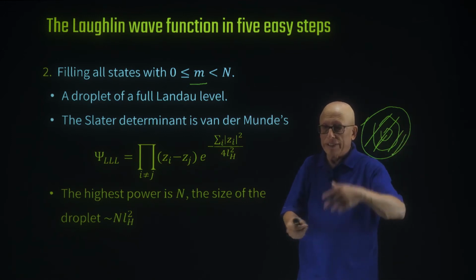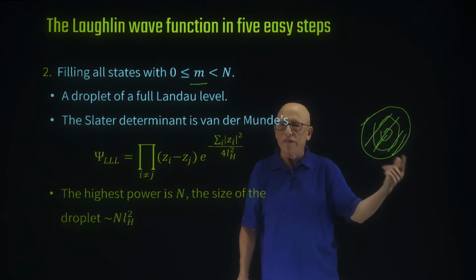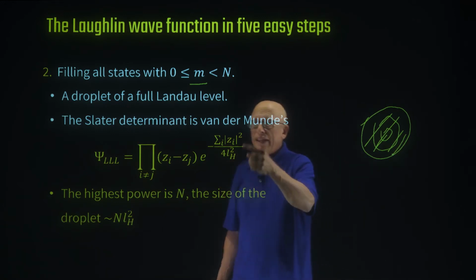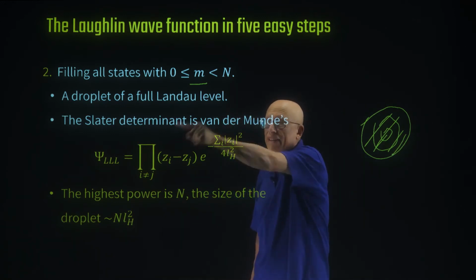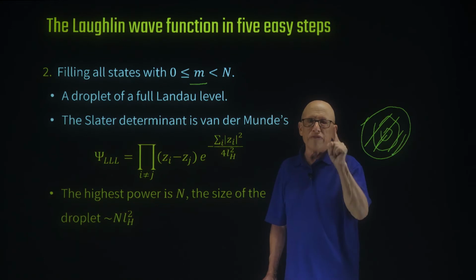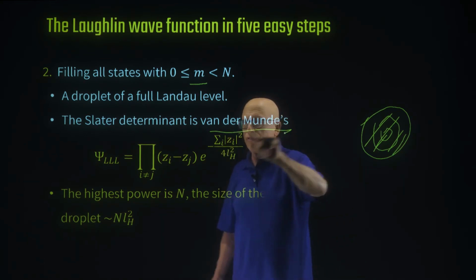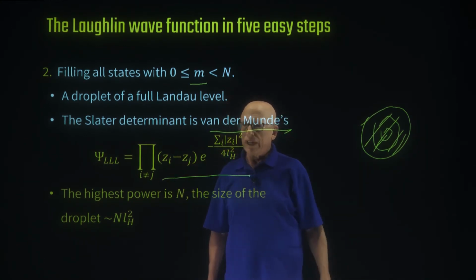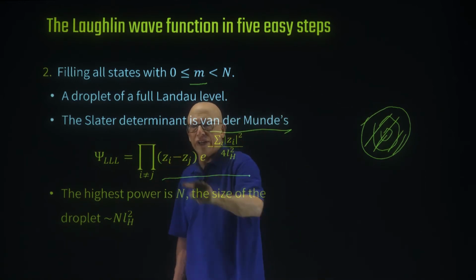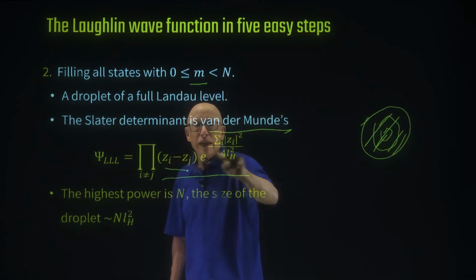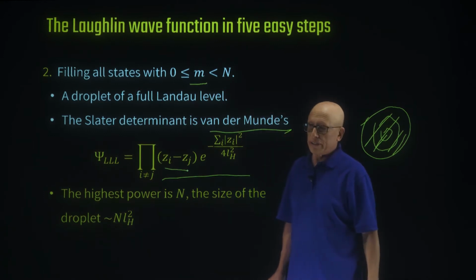Those are fermions, and that's how we anti-symmetrize the wave function. And what we get in this particular case is that the Slater determinant is nothing but the Vandermonde determinant, which we know from math will have this form. It will be a product over all pairs of electrons of Zi minus Zj multiplied by a Gaussian factor.